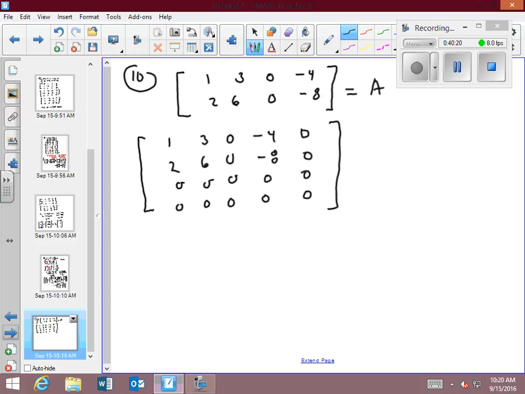So first thing I want to do is that first column, I want to get rid of that 2 in the second row. So I'm going to multiply by 2 and subtract. So what just happened to that second row?